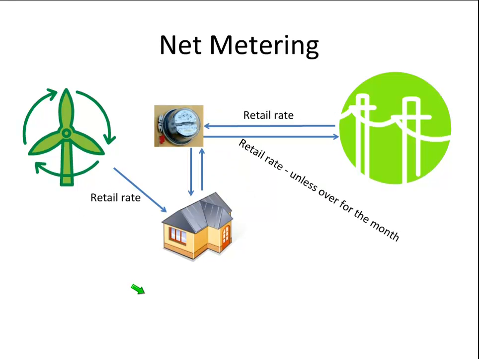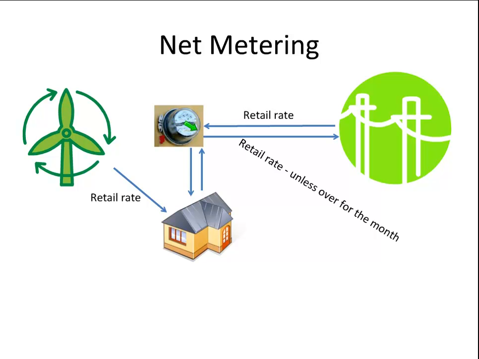Here's our net metering situation where, again, we're using that power first, and basically then we're getting credit for that at retail rate. If we have excess, it goes onto the grid, but the company is keeping track of how much that is, either by a second meter or, in this case, by our meter stopping running or running backwards.